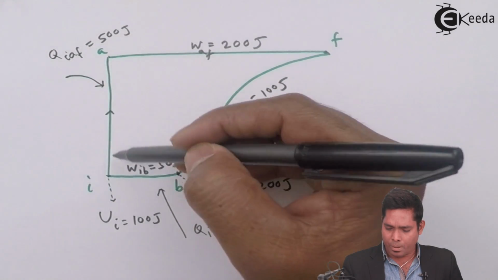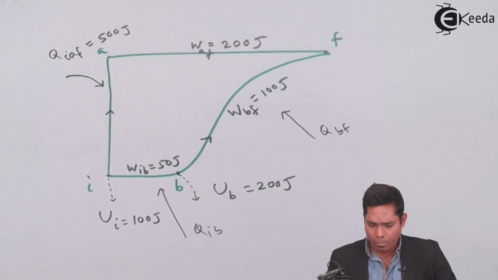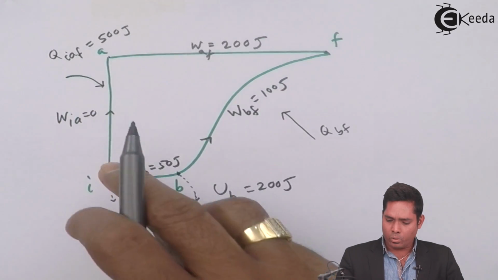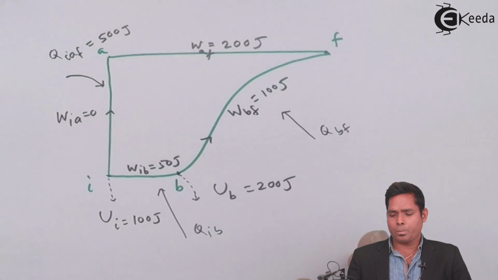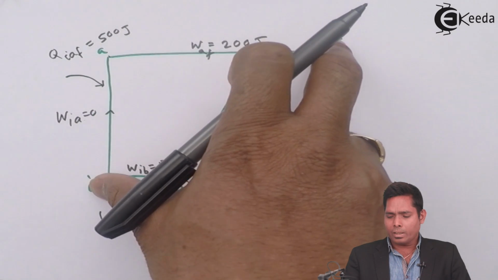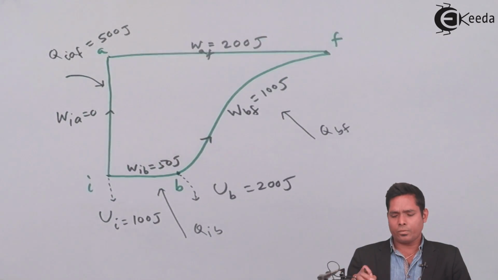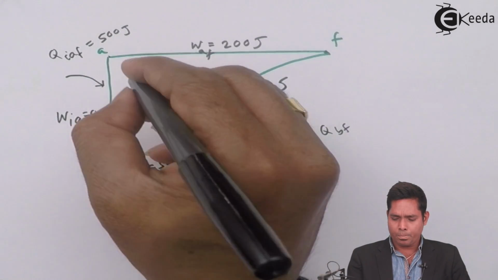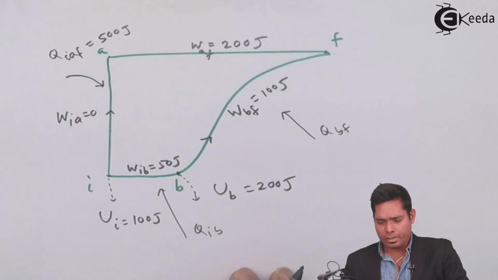The work done during IA will be 0, because this is a vertical line. I know the total work done and the total heat supplied, so I will find the change in internal energy, which will be the same for the second path as well. So first I will use the path IAF.